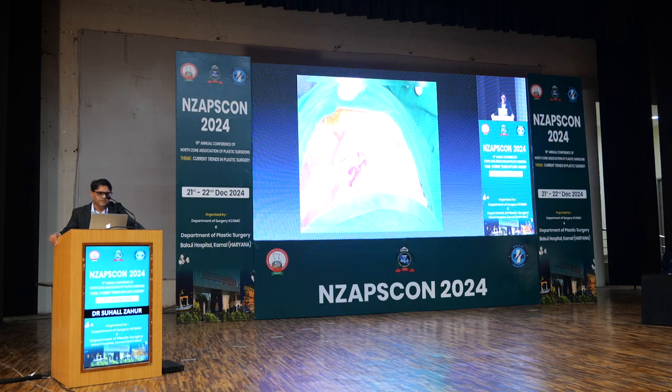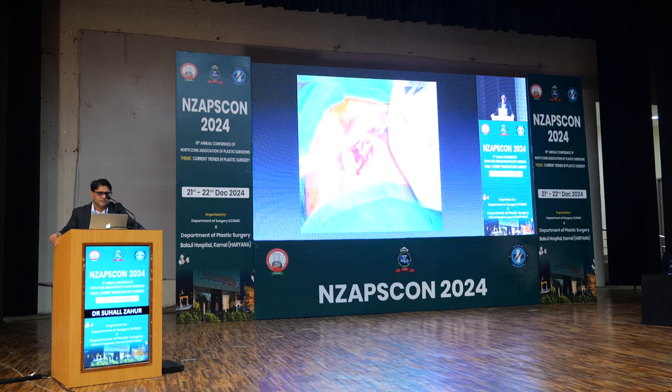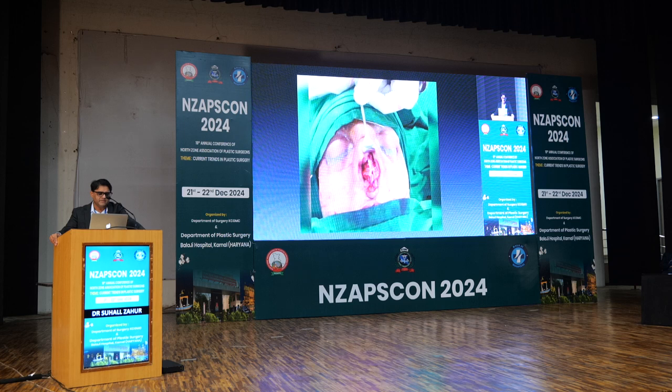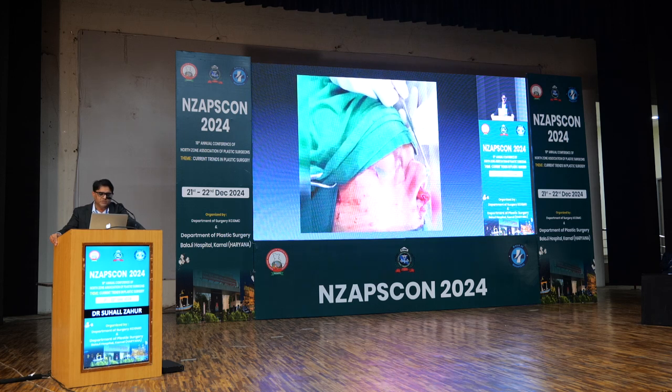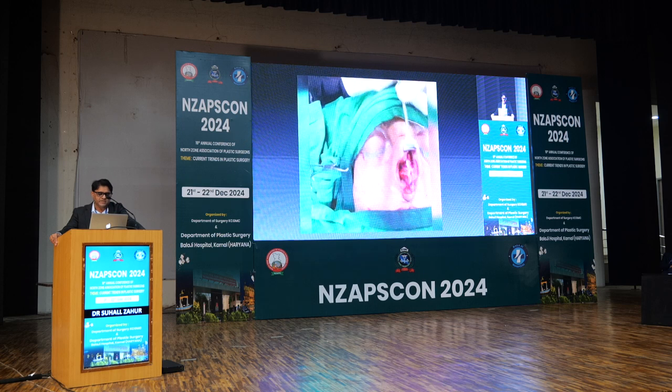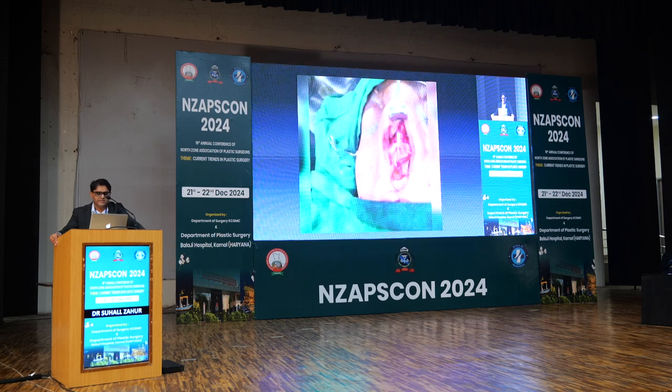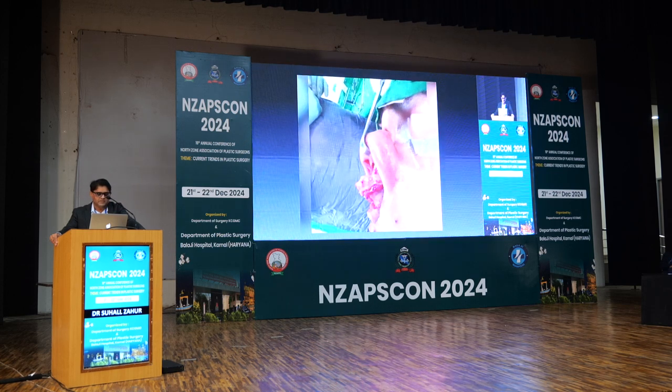You can use Vicryl also. No permanent sutures. So with this structural graft, the tip is now in a much better position. The projection is good, the orientation, the rotation, everything is better as compared to the previous situation.